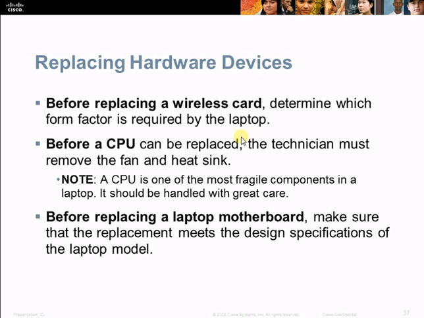And remember, when you're doing the CPU, the technician must remove the fan and heatsink. The CPU is one of the most fragile components in the laptop, so you want to take care. Also, before you replace any of these parts, including the motherboard, make sure it meets the specifications of the manufacturer.